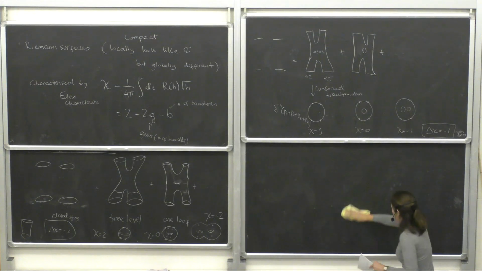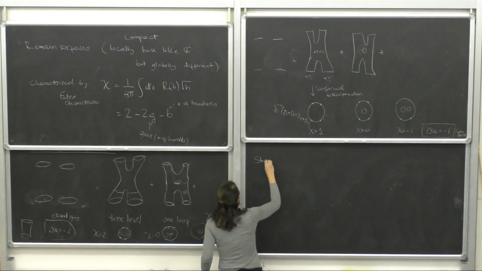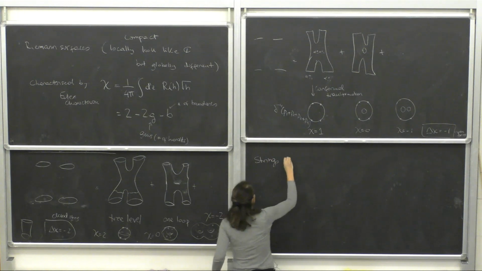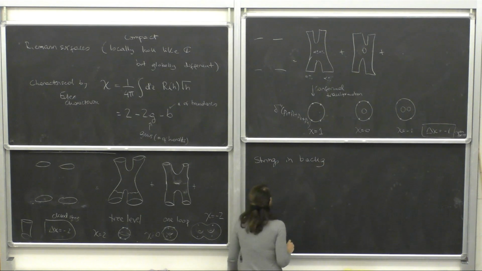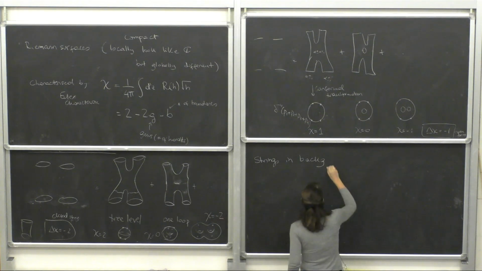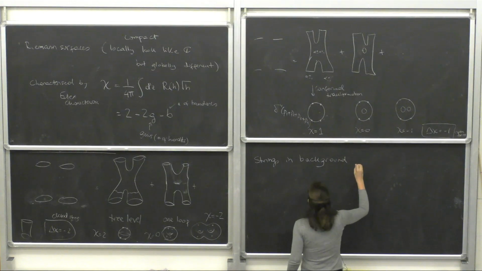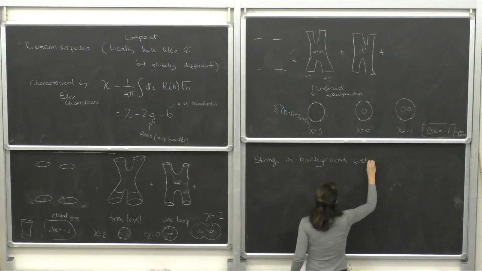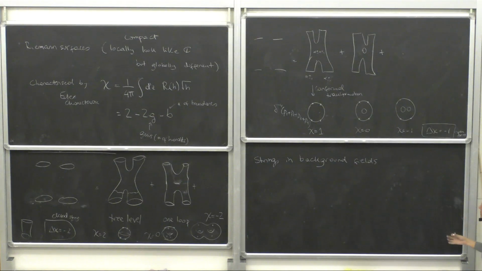Okay, so the next thing. Everybody asks me, okay, so we are doing strings in flat space. What about strings in curved space? Curved space is described by background fields.